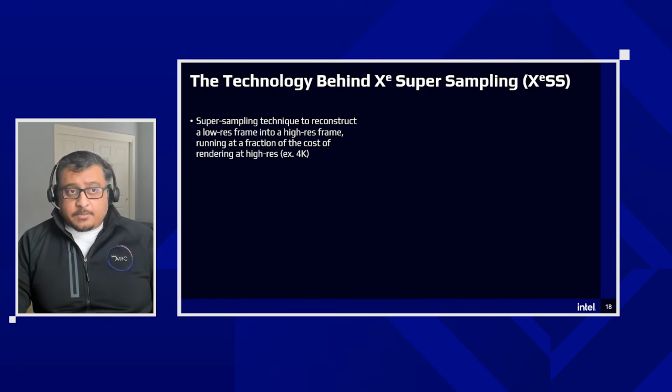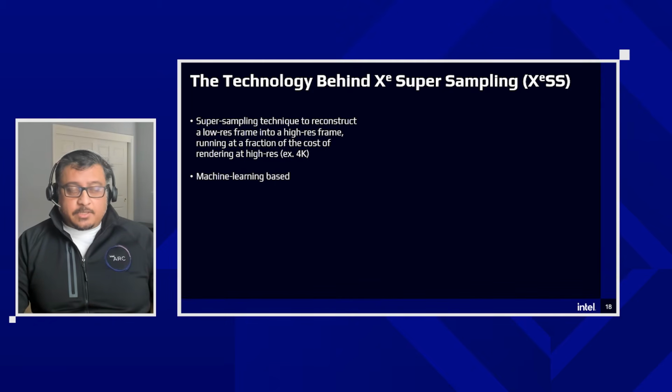So the technology behind XeSS, right? As Robert touched on briefly, it's a super sampling technique which reconstructs a low resolution frame to a high resolution frame, running at a fraction of the cost compared to running at full resolution. For example, at 4K, you reduce the resolution and use this technique to up-res the frame to a high resolution, which gives you a lot better performance without compromising quality.